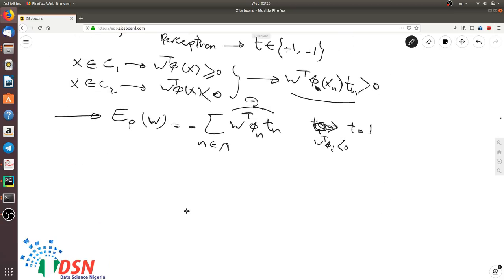Now for minimizing this cost function, we could use the gradient descent method.